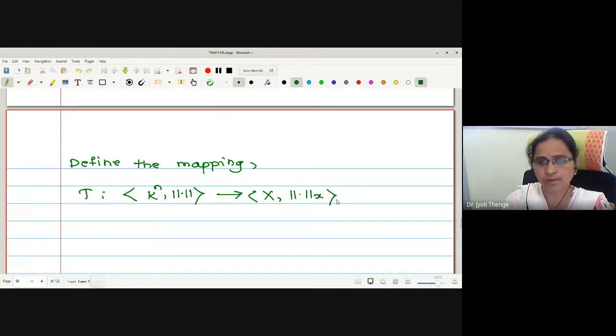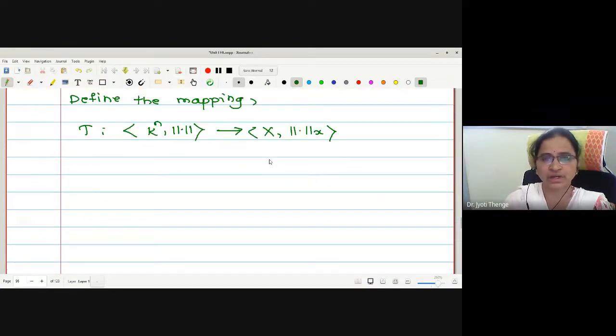Understood the symbol? The simple norm is a norm on Kn, and if it is norm x, it will be a norm on capital X. Is that okay? Now how am I going to define this? You have to select one vector in this Kn space, Tx, right?